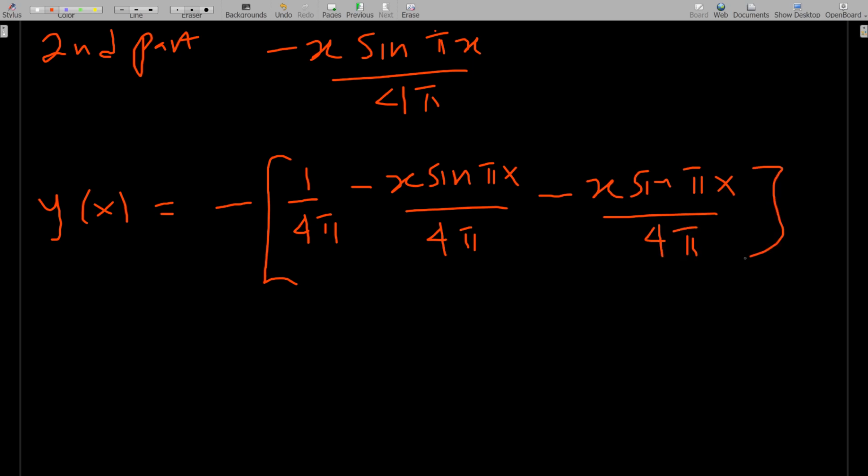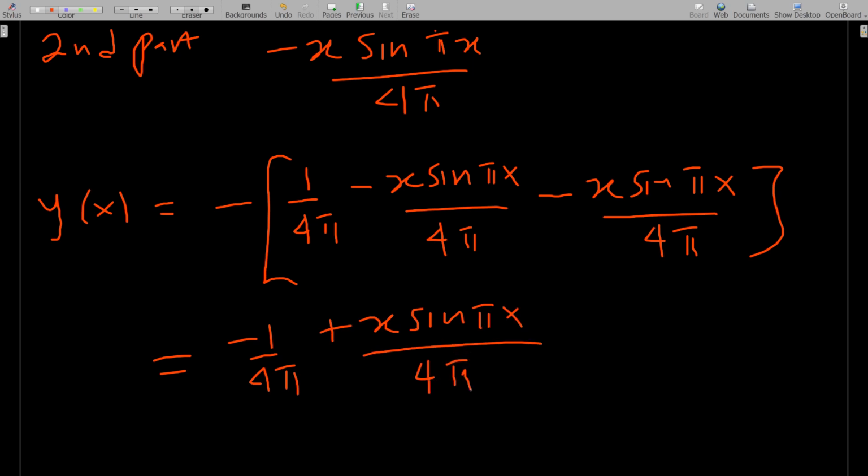Okay. And this is equal to, if I multiply through by negative, negative 1 over 4 pi plus x sine of pi x over 4 pi plus x sine of pi x over 4 pi. Now you realize that this one and this one are the same, so it's two of them.